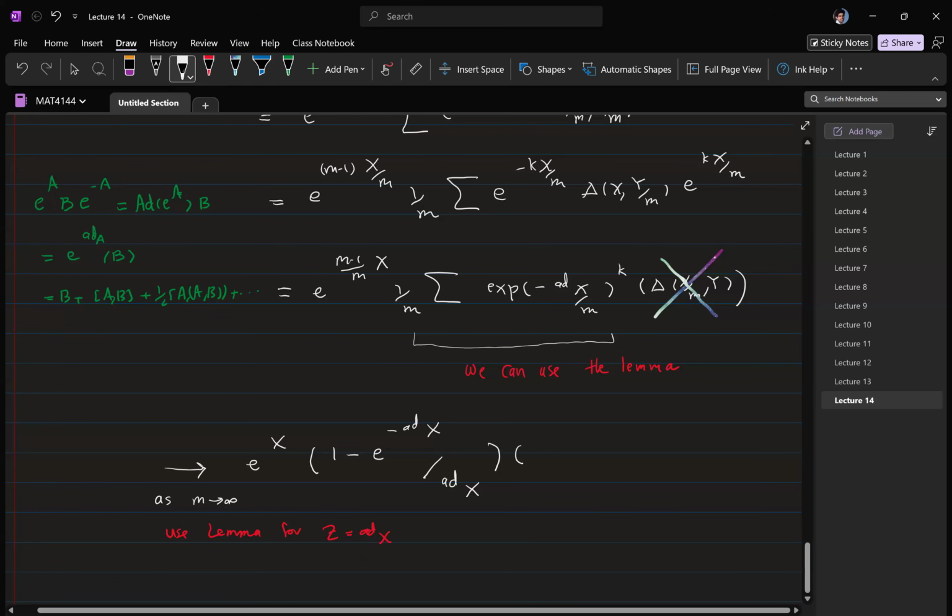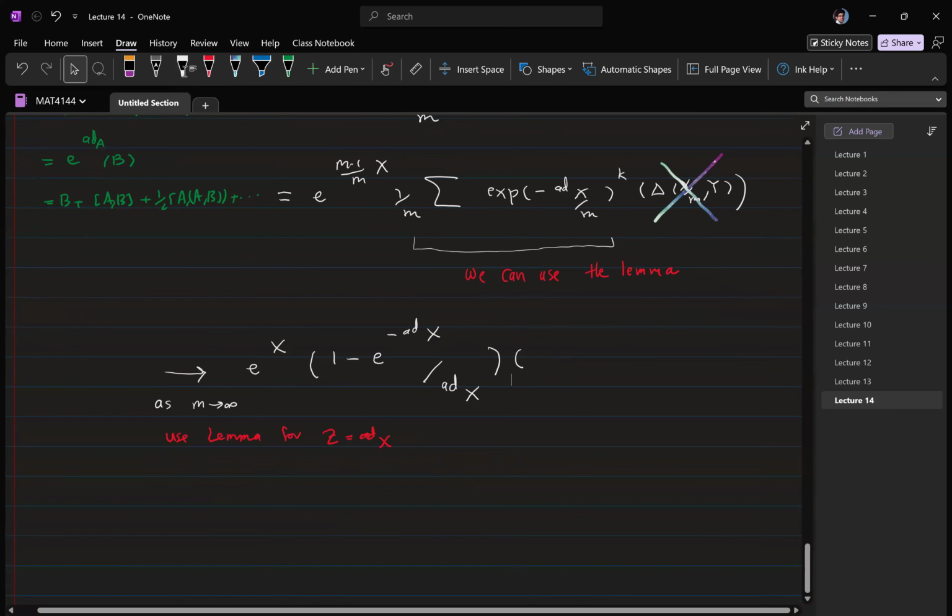And this delta x over m, y, this also converges to delta 0 y.